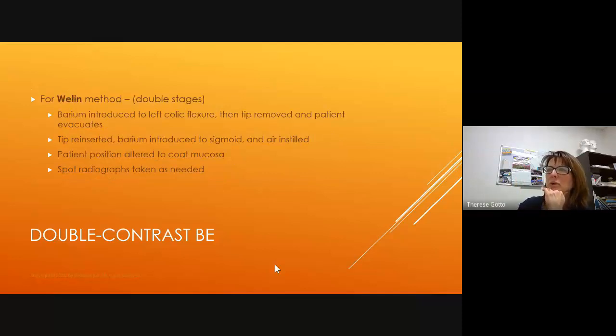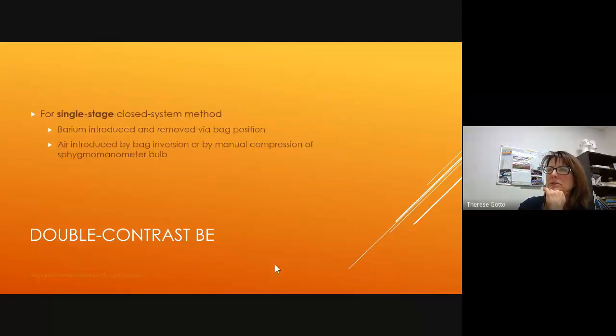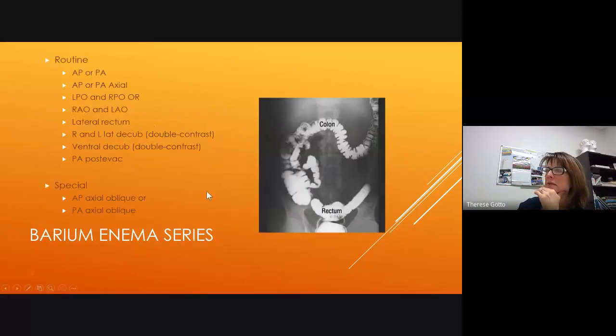Okay, so this is more on those double stages. We're just going to clip over that. The barium is introduced and removed via a bag. The air is introduced either by inverting the bag or by that manual bulb from the radiologist, depending on the system that you use.